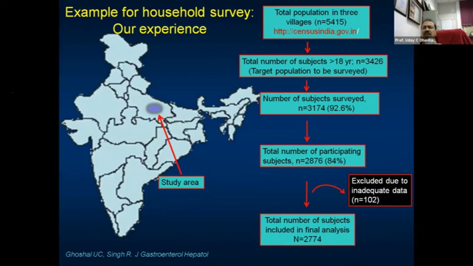This is a study that we did. We wanted to know how frequent functional gastrointestinal disorder, for example IBS, is in the rural population of Uttar Pradesh.